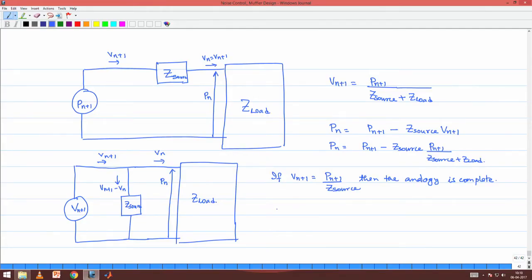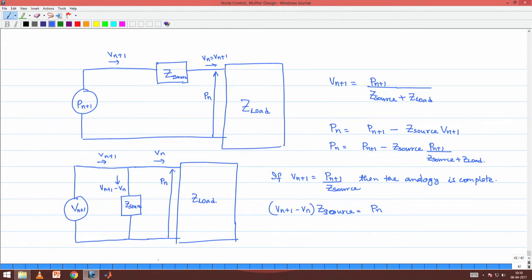Okay. So, let us see what our electrical modeling this time will give us. It will give us that V n plus 1 minus V n, into Z source, must be equal to P n, right.